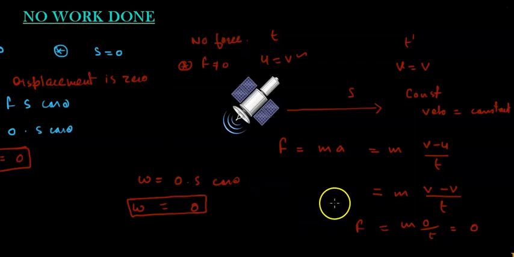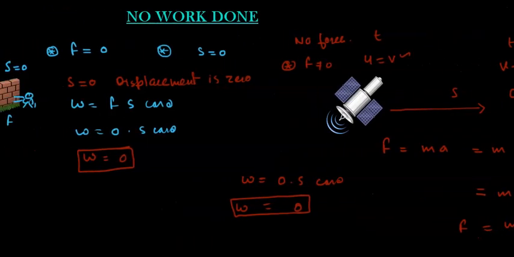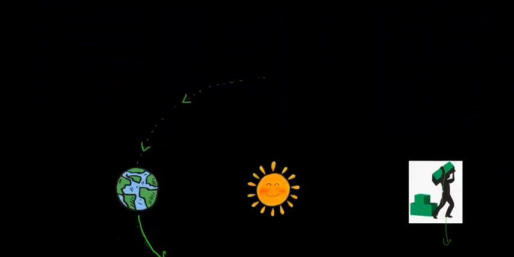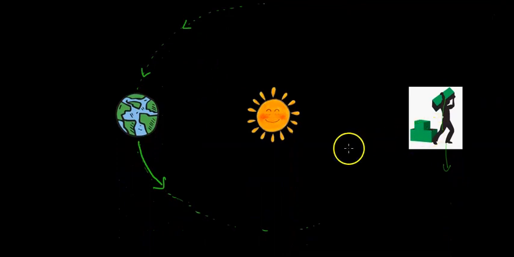But it is possible that force is being applied and displacement is also produced, but still work is 0. You might be thinking, no, it is not possible. It is possible in the case when the force and the displacement are perpendicular.